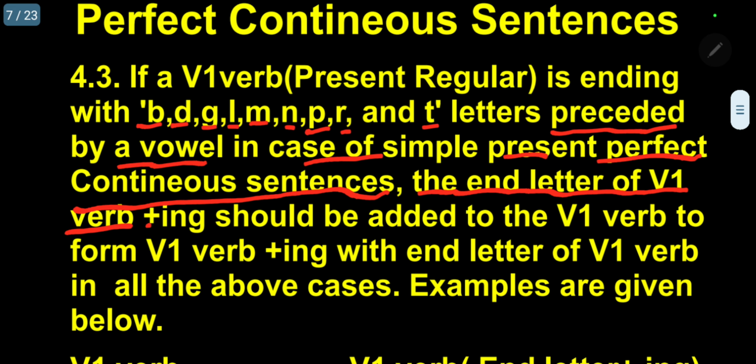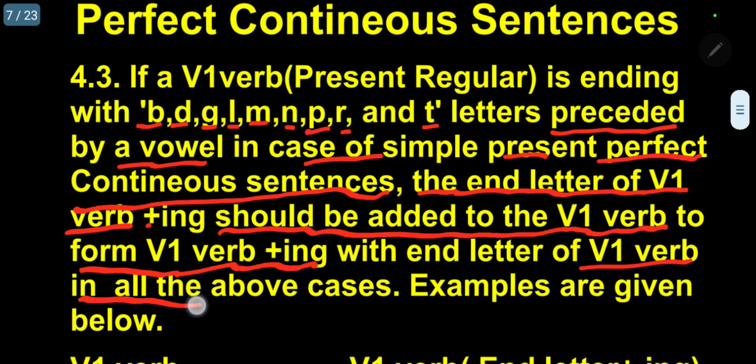Whatever letter is at the end, here the end letter may be B, D, G, L, M, N, P, R or T. If any of these letters comes, that letter plus ing should be added to the V1 verb to form V1 verb plus ing. In all the above cases, this we have to follow.